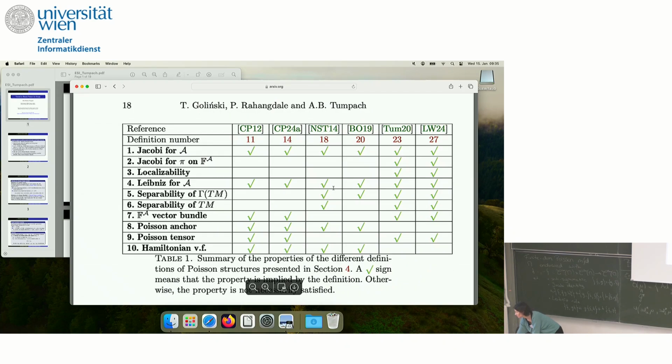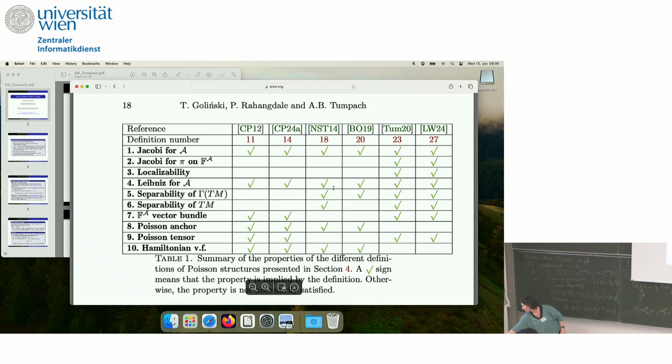And you see here are listed six definitions. And so each definition has these advantages. I should stress here that when there is a check, this means that this property is implied by the definition. When there's nothing, this means simply that it's not implied. And it's not bad or good, because in some cases we want more flexibility. So it really depends on the application.